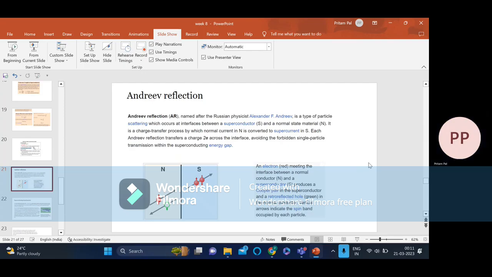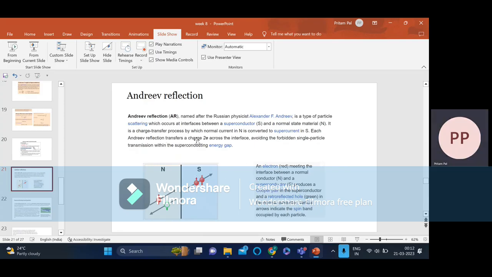Andreev reflection is a type of particle scattering which occurs at the interface between a superconductor and a normal state. You can see, if you consider this side to be normal, this is the superconductor side. It is basically a charge transfer process by which a normal current in N is converted to a supercurrent in S. This side was normal, but after the transfer of charge it will convert into the supercurrent.